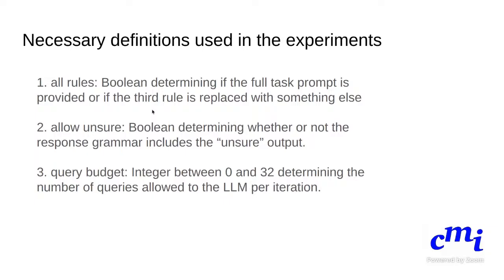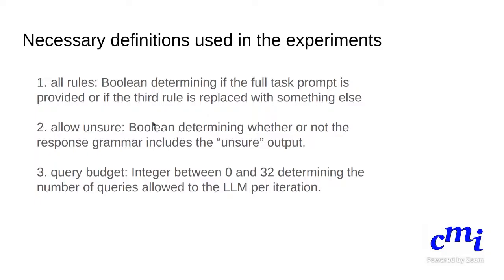Here they have specifically not given the third rule. I will have to go back to check which rule it is, but they have deliberately missed out one rule. If it is true, then they have given all the rules. If it is false, then they have not given the last rule.